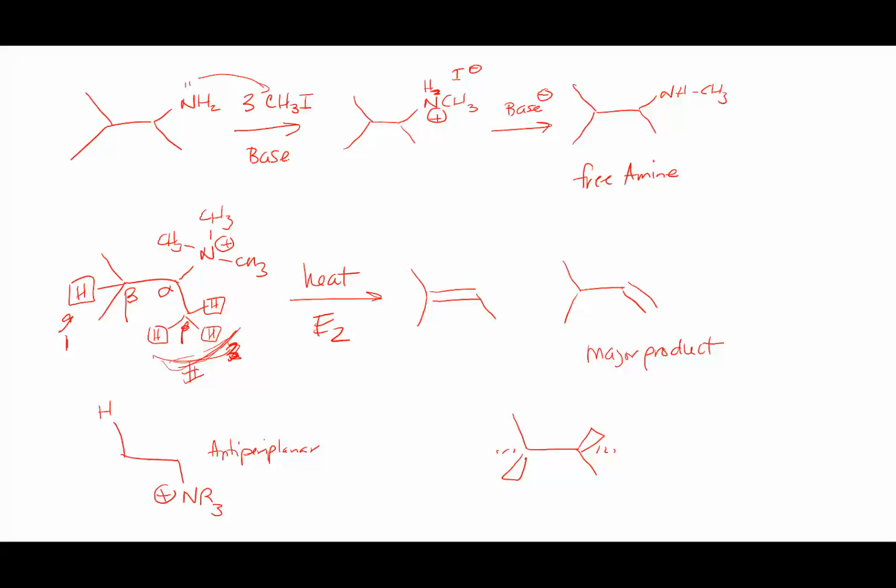So this is sort of the yin of the yang of the stereochemistry. If you can form one easy isomer with one reaction, you can form the other easy isomer using the other reaction. And so this is Hofmann elimination. The next one is called Cope elimination.